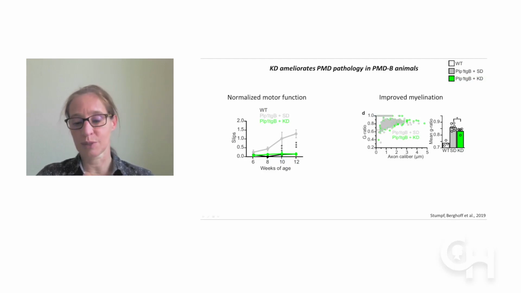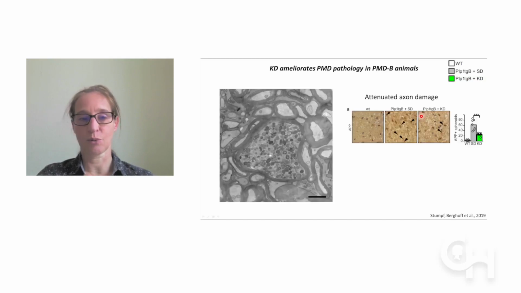So we specifically looked at the well-being of axons and stained axons for axon damage, which is APP. And we found that the abundance of APP spheroids was strongly reduced in PMD mice on the ketogenic diet, implying that the axon damage was attenuated.